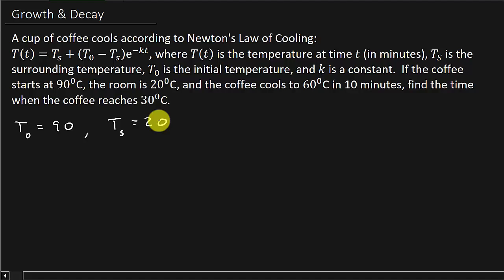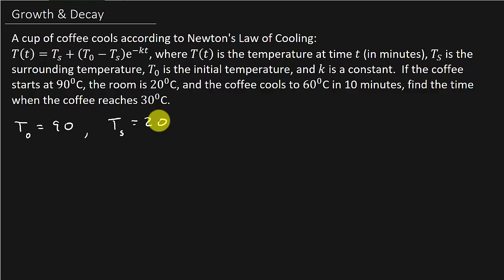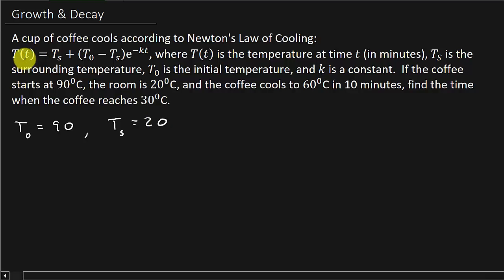And the coffee cools to 60 degrees Celsius in 10 minutes. Remember, T(t) tells you the temperature. If we plug 10 in for little t, we should get 60 as an answer. So what that's telling us is that T(10) is equal to 60 degrees Celsius.